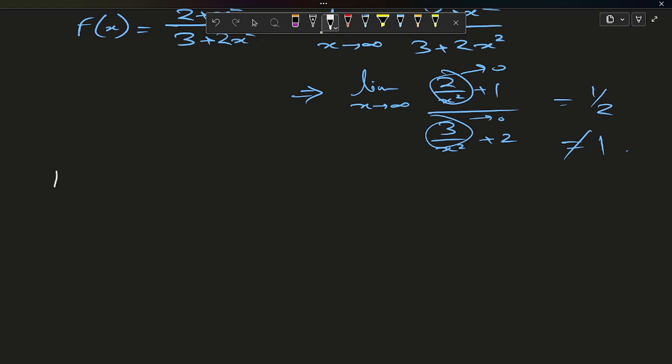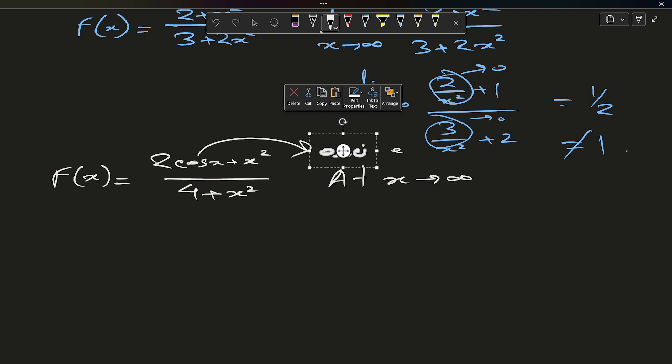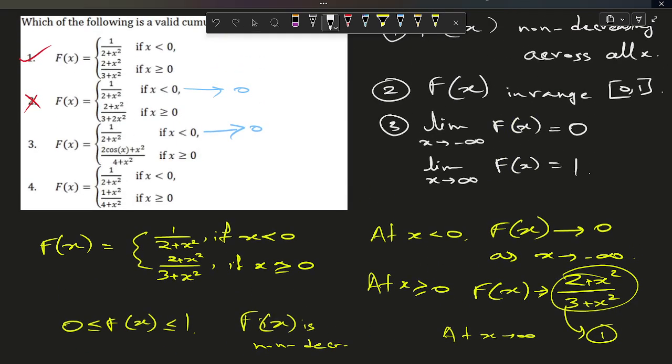F(x) equals 2 cos x plus x square by 4 plus x square. As x tends to infinity, cos x will oscillate, so we cannot have any particular limit. They are violating the monotonicity, so option 3 will be cancelled out.